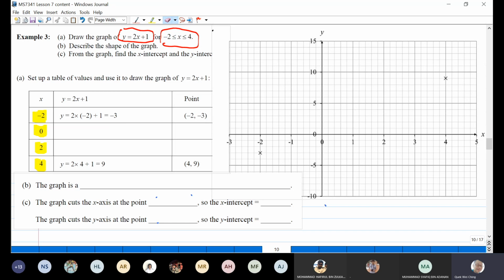So where is minus 2, minus 3? It's actually x equal to minus 2 here. Minus 2, right? Then minus 3. This is minus 3 here. Okay. So this is minus 2, minus 3. Okay, this point is minus 2, minus 3.